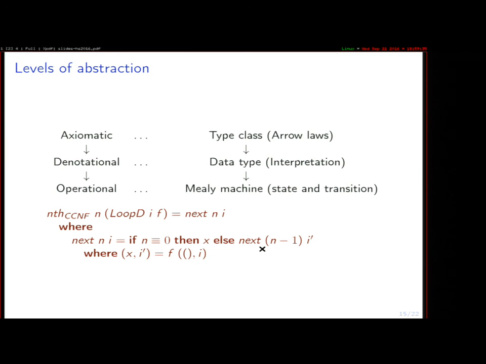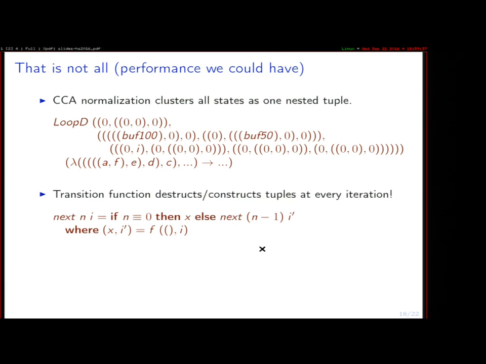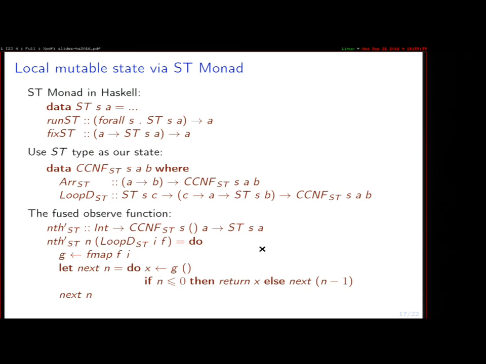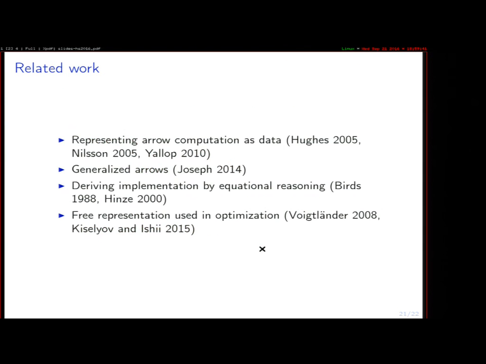I don't think I have time to go through these other slides, so I'll just jump to here. There is a lot of related work representing arrow computation as a data type. It's not new. It has been explored before. And there are also other ways to generalize arrow computation and make it easier to optimize, by using special constructors for the routing kind of computation instead of leaving it just to the pure arrow.